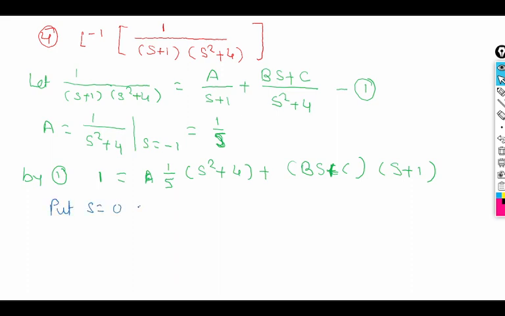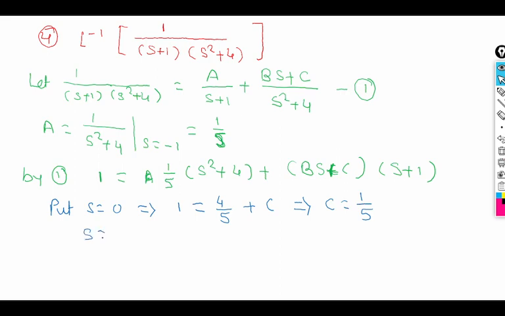If we put s as 0, we get 1 is equal to 4 by 5 only, then B into 0 plus C, so just C only. So we got the value of C as 1 minus 4 by 5. What is 1 minus 4 by 5? 5 minus 4 is 1, so it is 1 by 5. So the value of C we got as 1 by 5 directly.